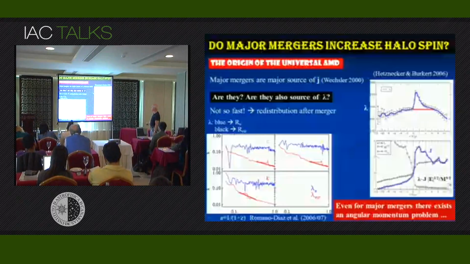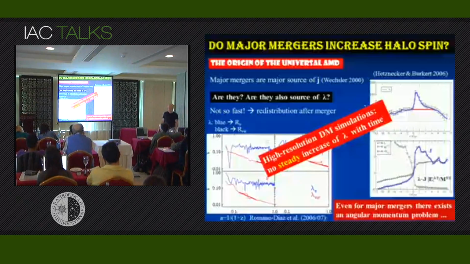But what really kills it is that the mass of the system, which is given by this line, 1 over m to the power of 5 halves, is declining as well, which means that the mass is dramatically increasing in the merger event.